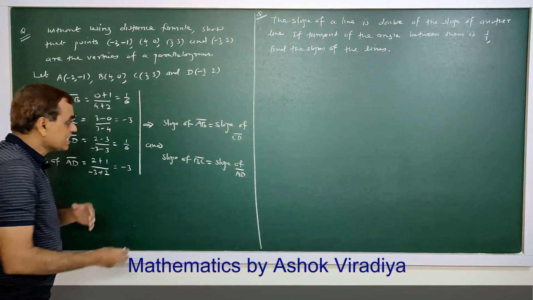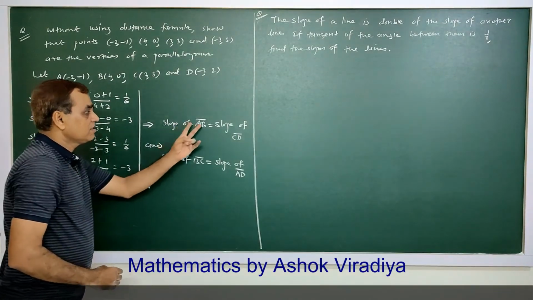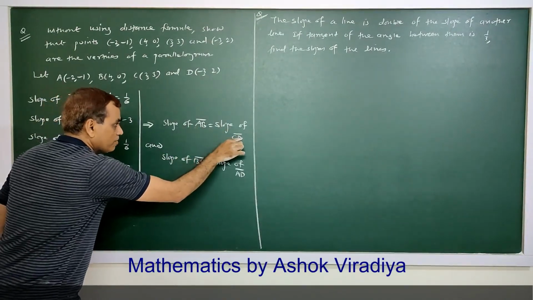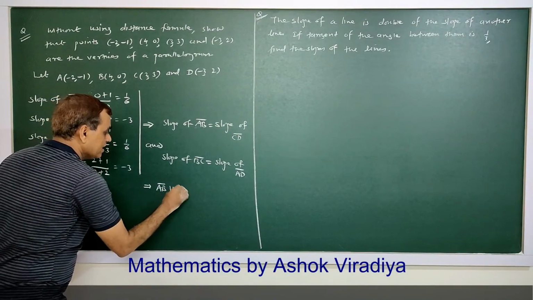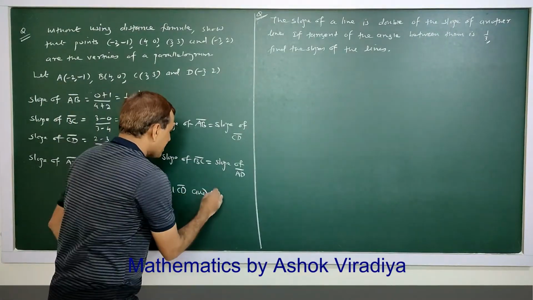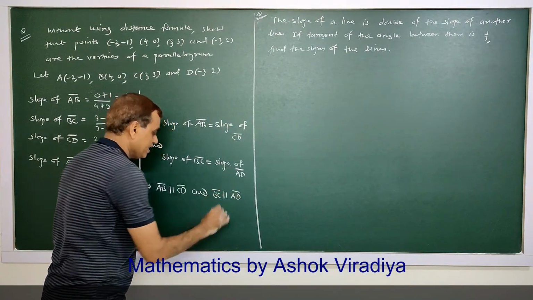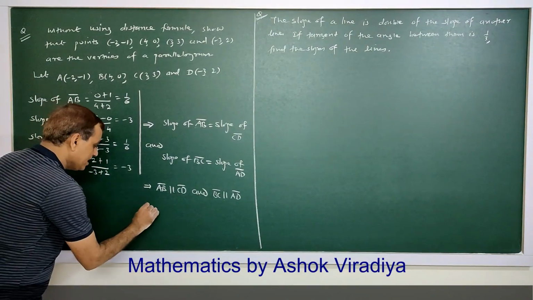If slopes are equal, that means sides are parallel. So because slope of AB and slope of CD are equal, AB is parallel to CD, and BC is parallel to AD. So that means ABCD is a parallelogram.